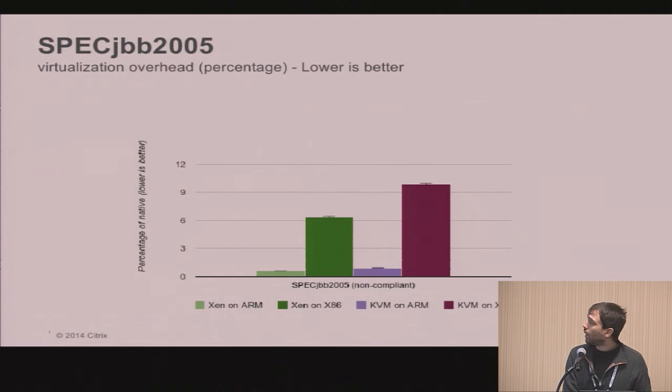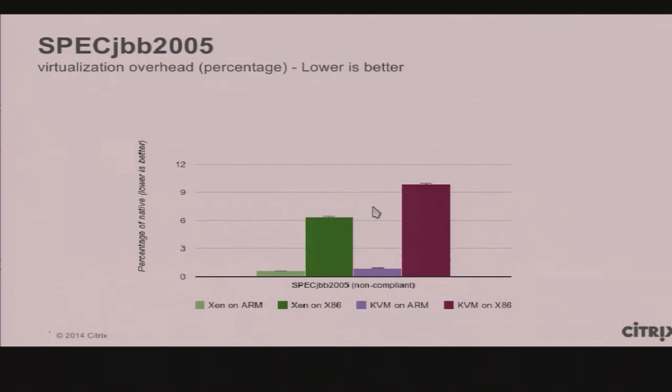To give you an idea, this test on 3.13 would be here for Xen on ARM, Xen on x86 would be about 3%, and KVM on x86 should be about 7. So something made the performance of both KVM and Xen on x86 slower between 3.13 and 3.15-rc8, and I don't know exactly what.